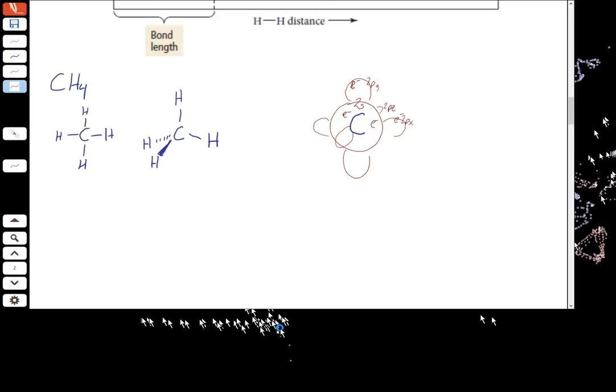Let me make this a little bit bigger for you. So take a look at that picture. If we imagine hydrogen atoms interacting with the p orbitals, we know that p orbitals are perpendicular to each other. So if the hydrogens come in and the orbitals overlap, then we would expect to see a 90-degree bond angle.